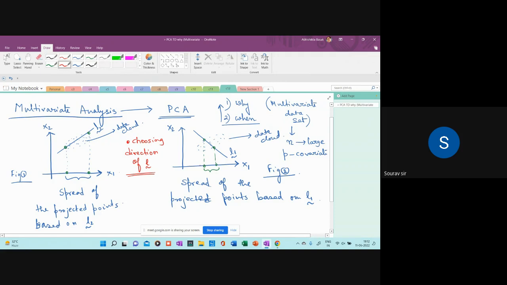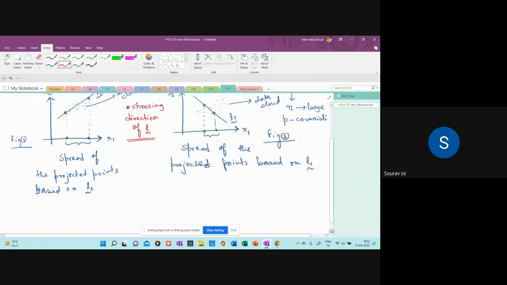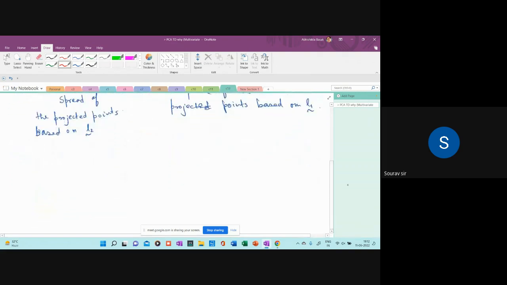This is one thing we need to discuss. And another reason, reason number 2, is how much variability is covered.